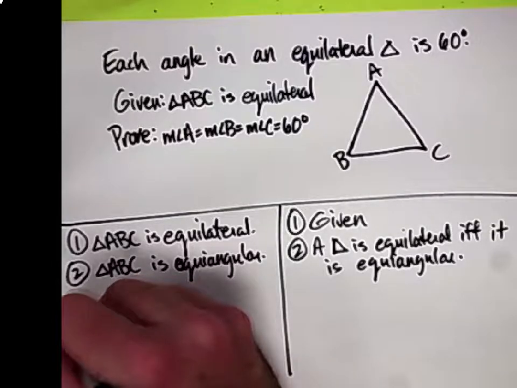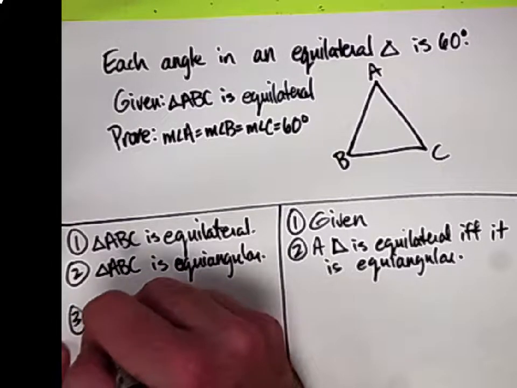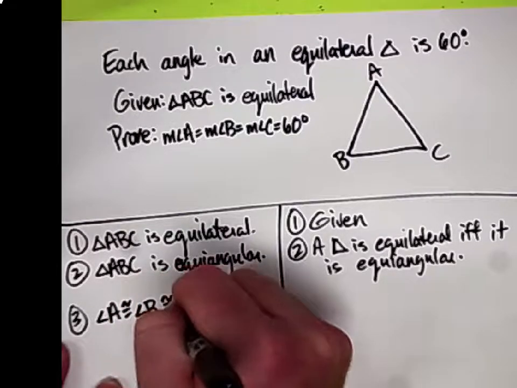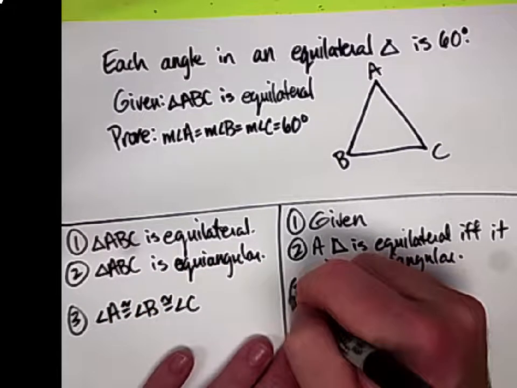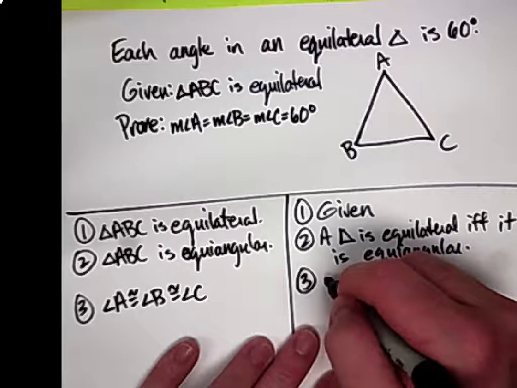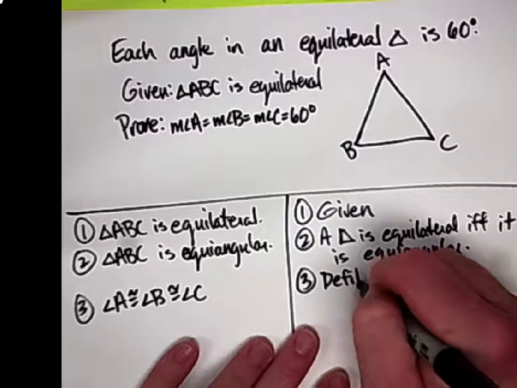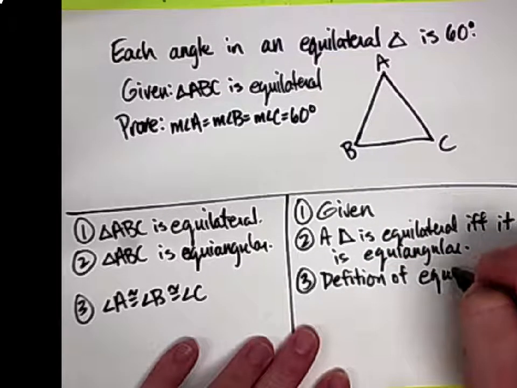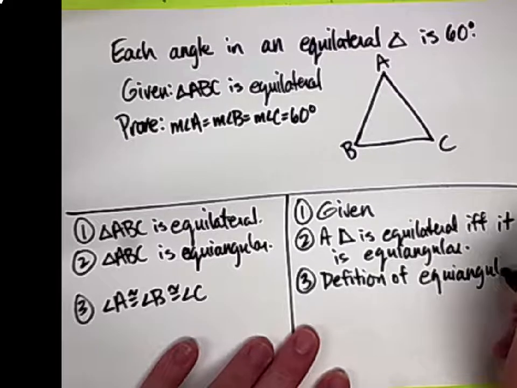Well, that means that angle A is congruent to angle B is congruent to angle C. That is the definition of equiangular, right?